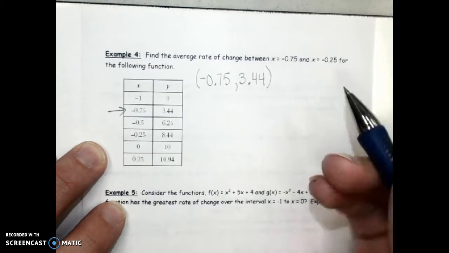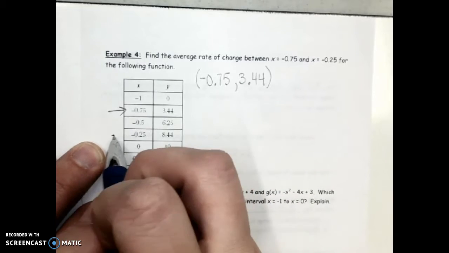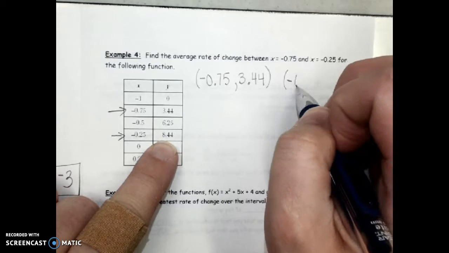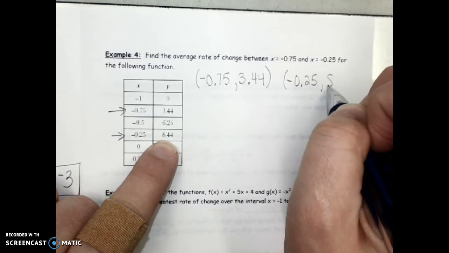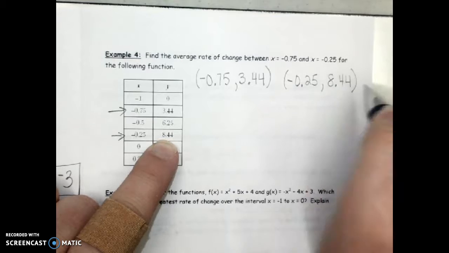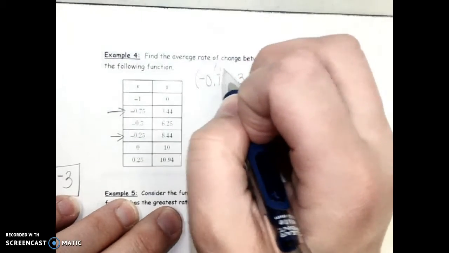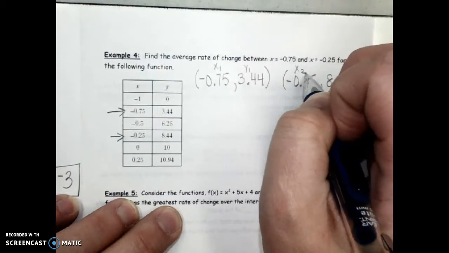My second point, -0.25, is right here. What's its y value? You get that from looking beside it, -0.25, comma, 8.44. Rate of change, you're going to use the slope formula here as well. x1, y1, x2, y2.